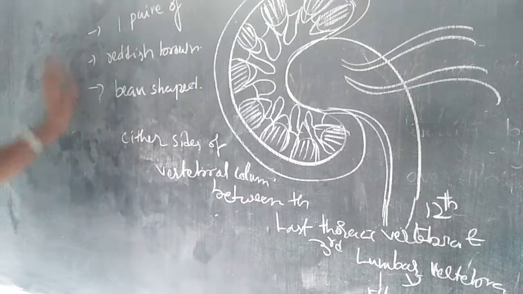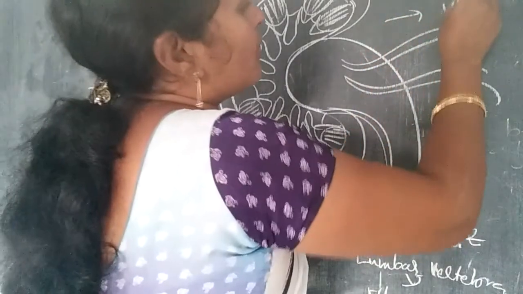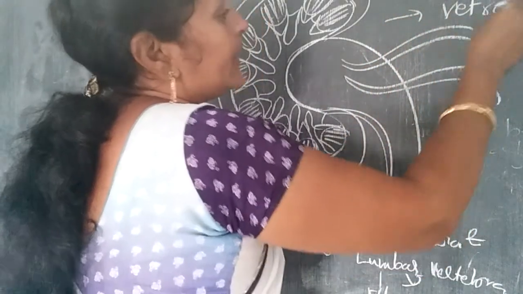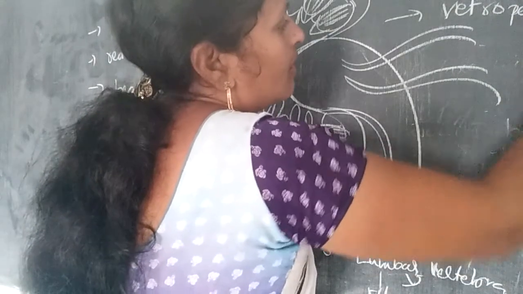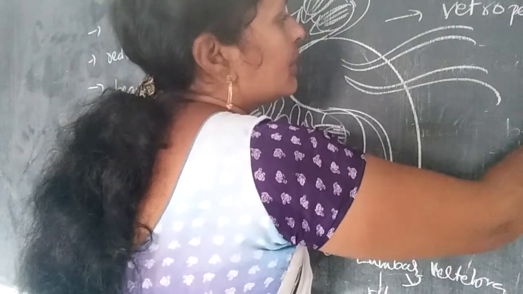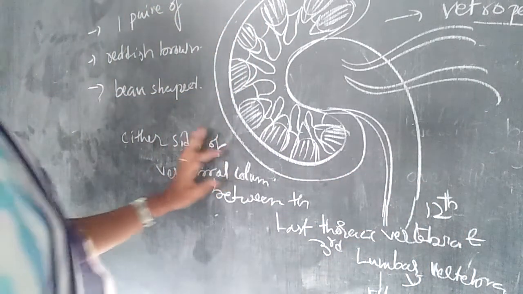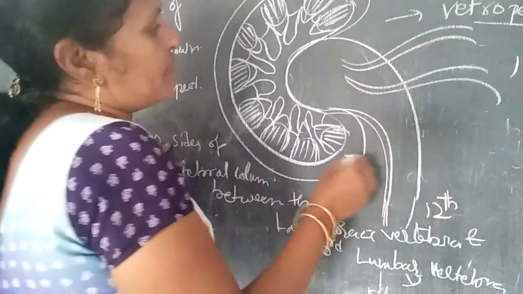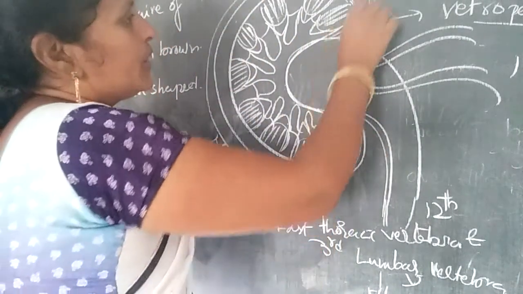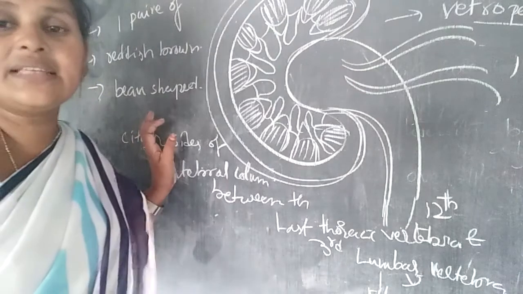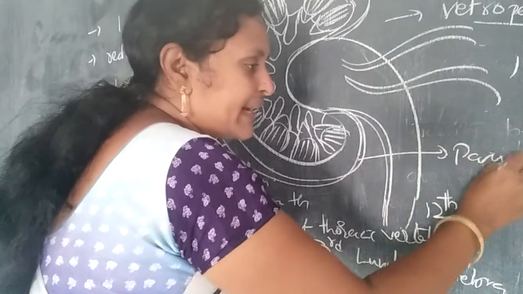And next, the kidney is also called a retroperitoneal organ. Why is it called a retroperitoneal organ?